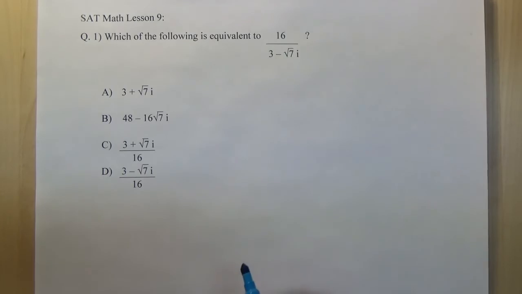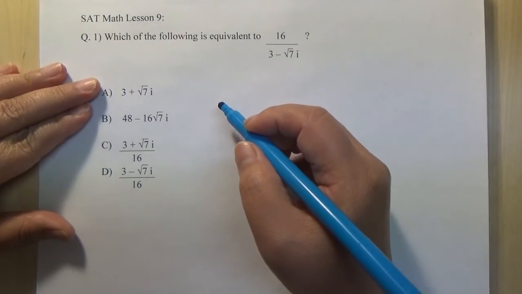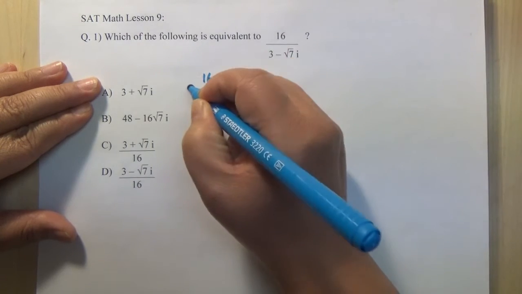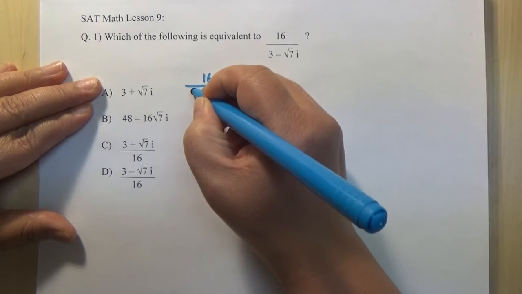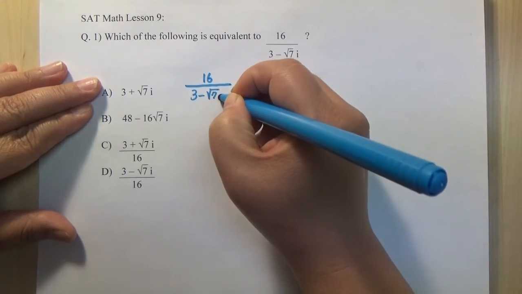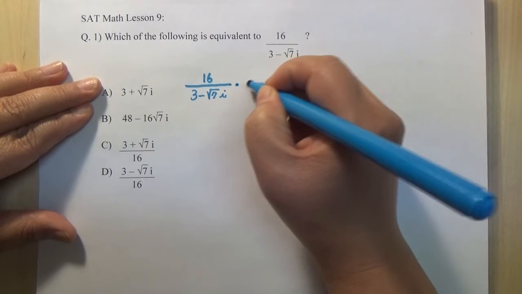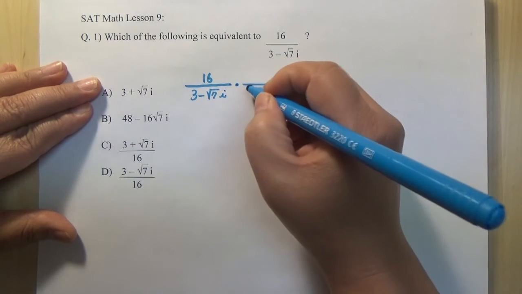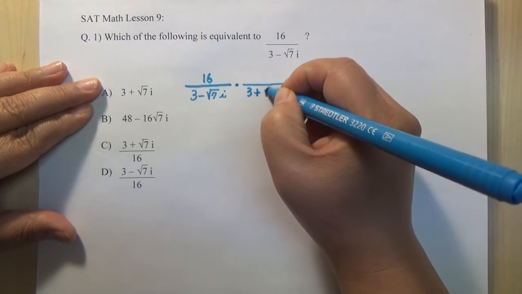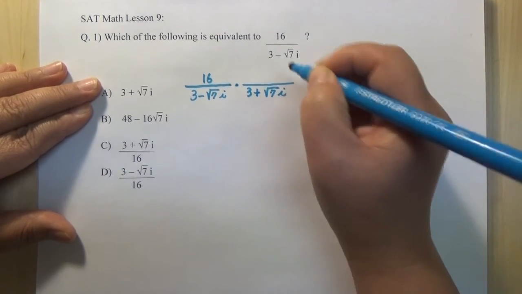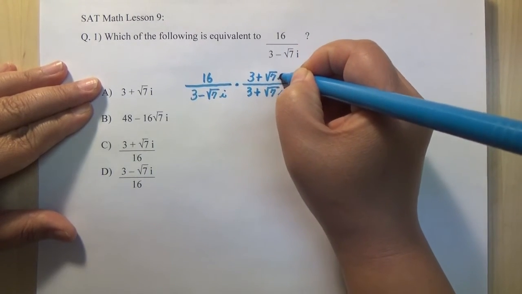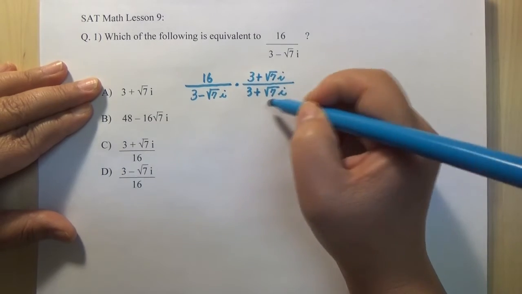So let's see it. First of all, I have to rewrite this one over here. 16 over 3 minus square root of 7i and times the conjugate of the denominator, which is 3 plus square root of 7i, and this is going to be also 3 plus square root of 7i, and this is 1.